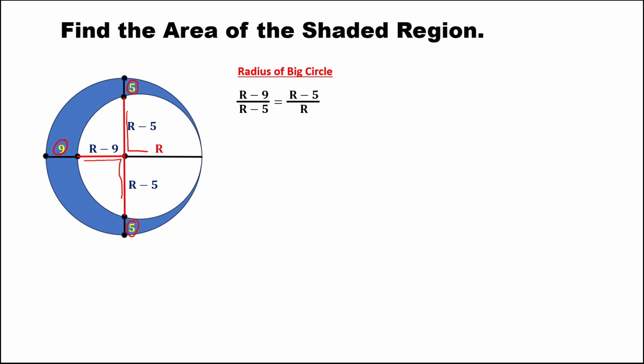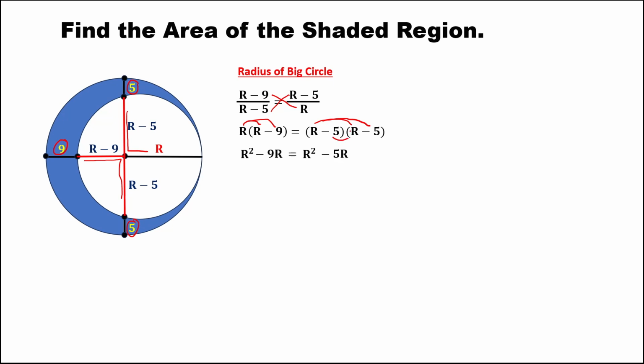Then to simplify, do the cross multiplication. So this becomes r times r minus 9 equals r minus 5 times r minus 5. Then this becomes r squared, and this is negative 9r, equals r squared, then r times negative 5, so negative 5r.